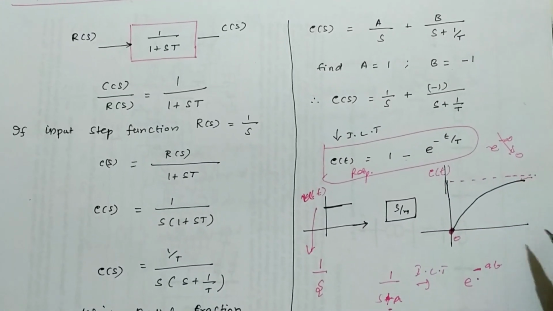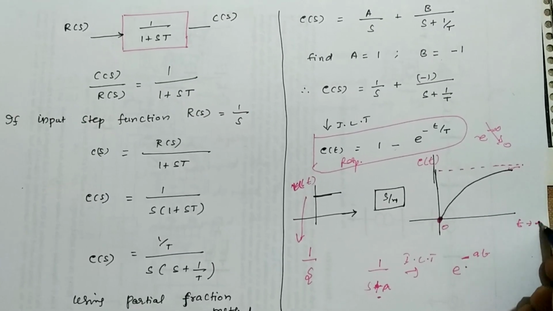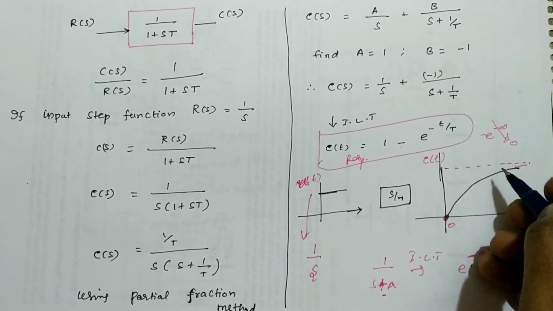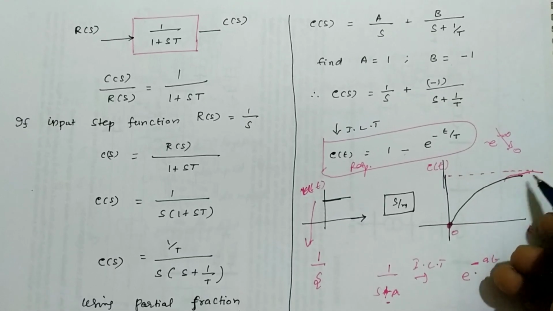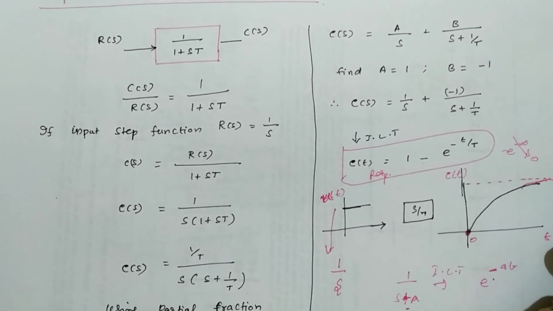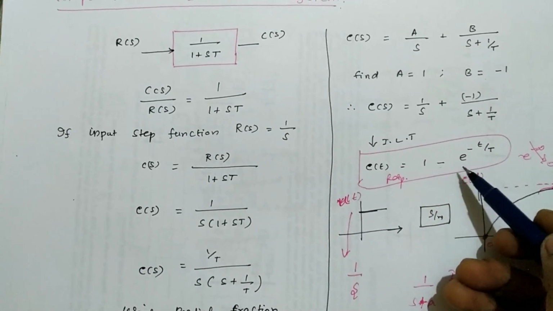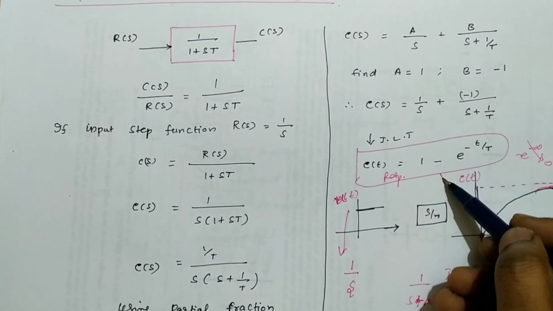So at time t equal to infinity, the output response is 1. It gradually increases like an exponential function. So the output of the first order system is 1 minus e power minus t by T. So memorize this.